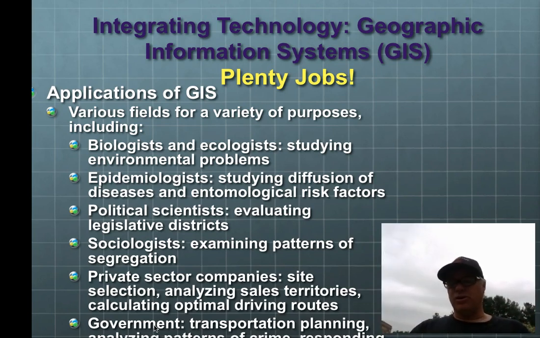And also it's very critical, these kinds of mapping programs, for figuring out how to respond to disasters after they occur. So one of the things you'll see in the discussion questions for this section is to take a look at what sort of jobs are available out there close to where you live in GIS, because that's where a lot of people who go into geography do get jobs.